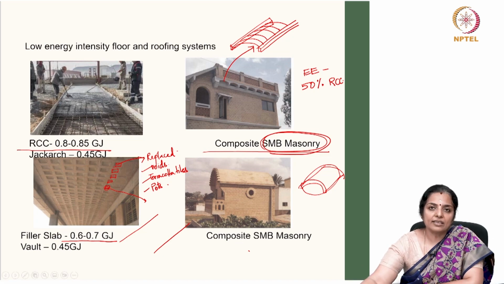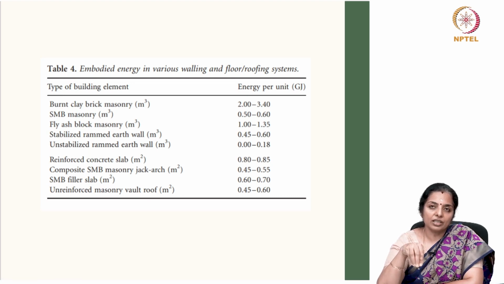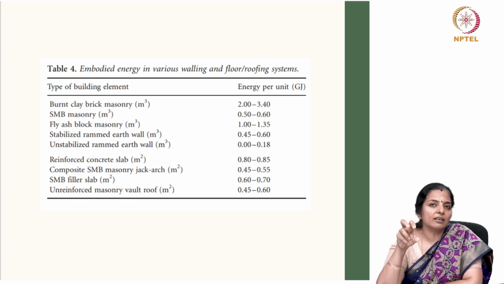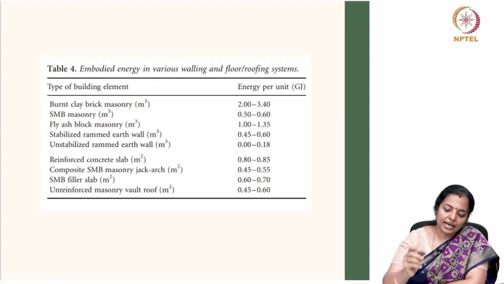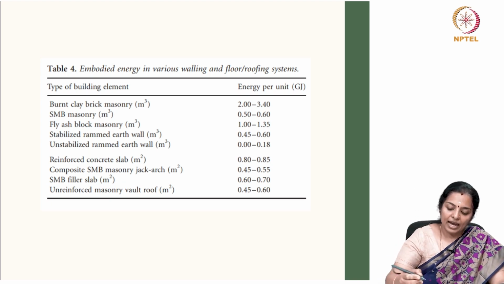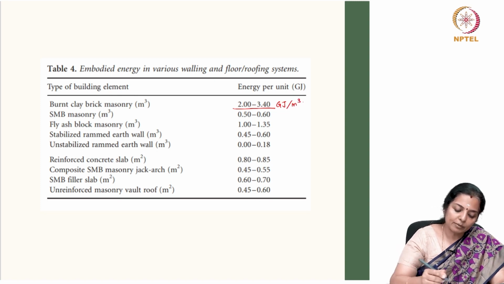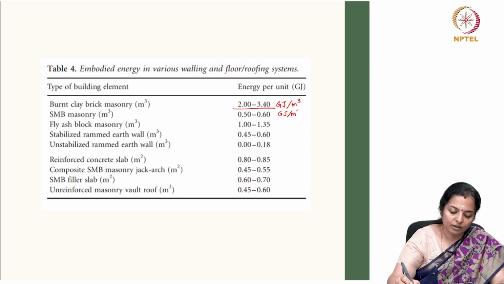So, with this we conclude that the embodied energy component in various walling and roofing systems is a combination of the building material that is used and the construction technique that is followed. If we take a comparison, burnt clay brick masonry has an embodied energy of 2 to 3.5 gigajoules per meter cube, whereas stabilized mud block masonry has only 0.5 to 0.6 gigajoules per meter cube.